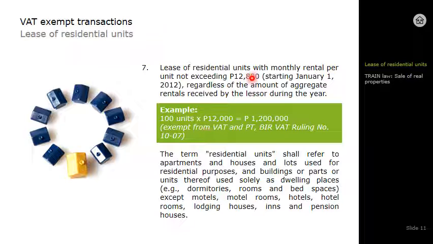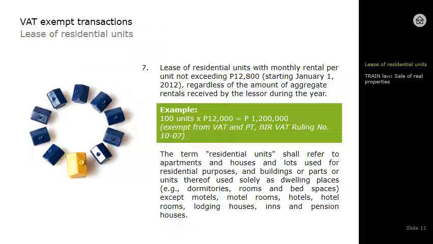Ito, itong nakikita nyo 12,800 na to, I would just like to point out that this was the monthly rental per unit threshold prior to the train law. And just take note na beginning January 1, 2018, naging 15,000 na yung monthly rental per unit.